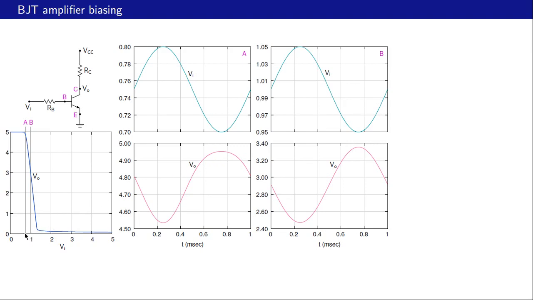Let's look at this line A. If we go to the right of line A, that is increasing Vi, we see that the picture is different than if we go to the left of A. In the earlier case, we had the same gain in both directions, and now the picture is completely different.